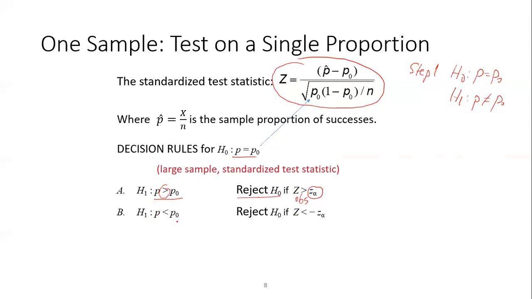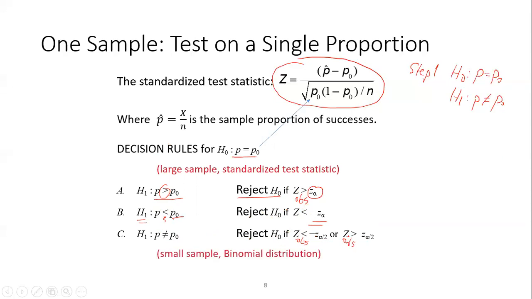If P is smaller than P0, a smaller-than alternative hypothesis, you will reject H0 if Z is smaller than minus Z alpha. And if P is not equal to P0, a two-sided test, you check whether Z observed is smaller than or equal to minus Z alpha over 2, or greater than Z alpha over 2.